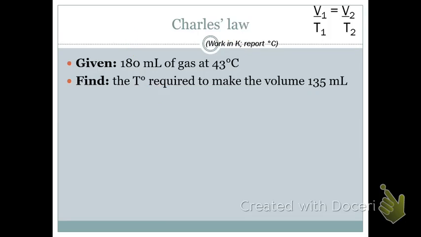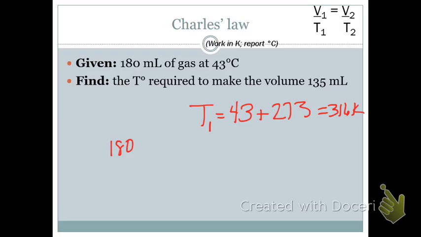I have to find what my temperature is at 43. T1 is equal to 43 plus 273, and 43 plus 273 is equal to 316 Kelvin. Okay. So I wind up with 180 divided by 316 is equal to 135, because I know what V2 is, divided by T2.